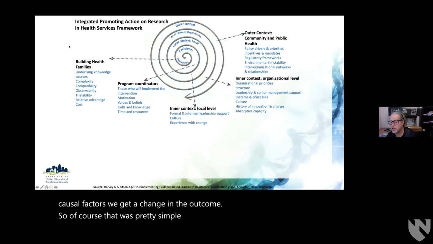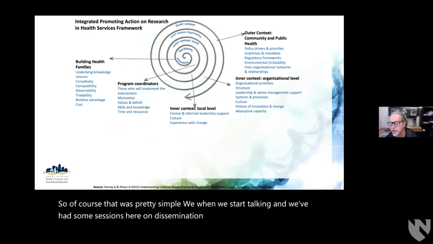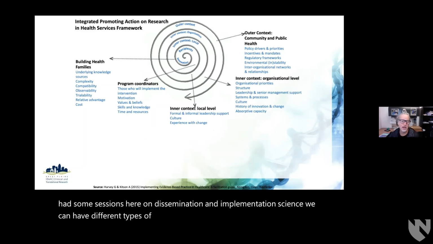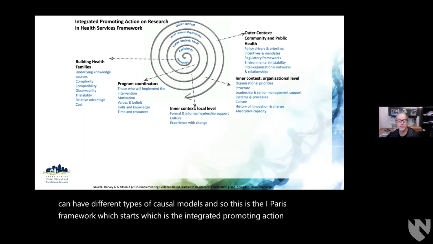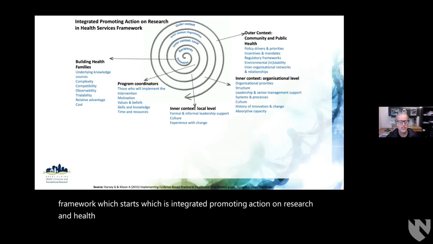When we start talking, and we've had some sessions here on dissemination and implementation science, we can have different types of causal models. And so this is the iPARIHS framework, which is the Integrated Promoting Action on Research and Health Services framework. And you can see that it has a number of different constructs.